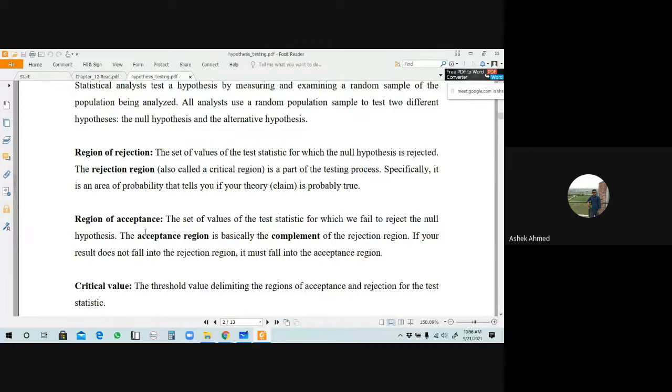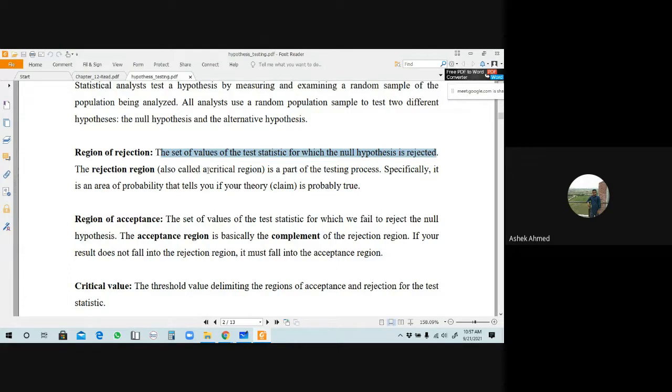Now we see some regions, that is the region of rejection and the region of acceptance. The region of rejection is the set of values of the test statistic for which the null hypothesis is rejected. We will have a region in which the null hypothesis is rejected, and that will be called the rejection region.